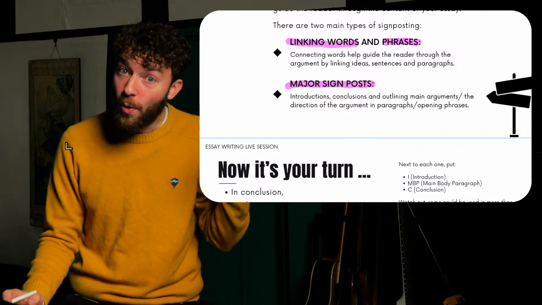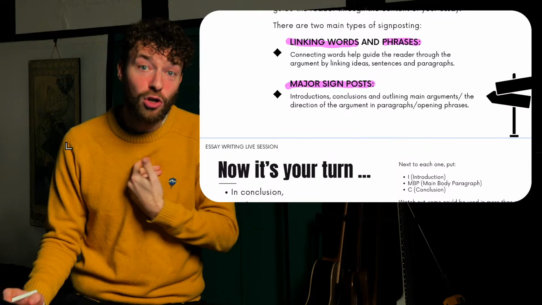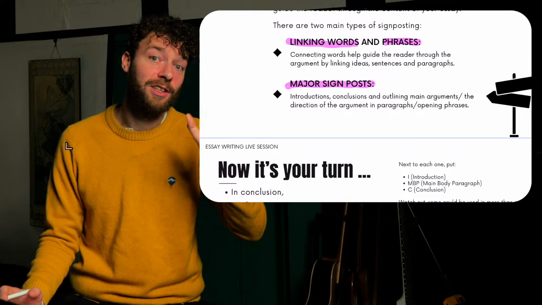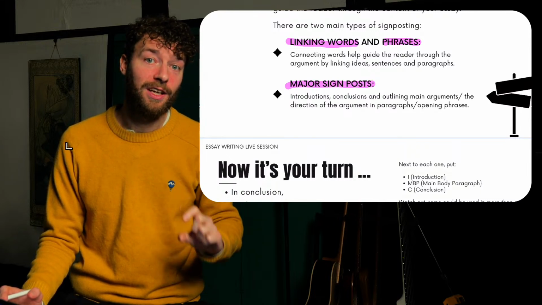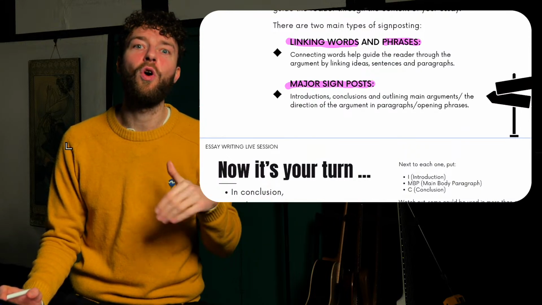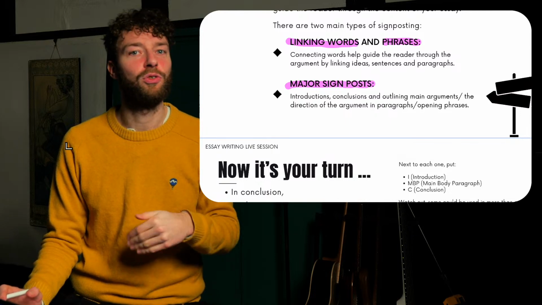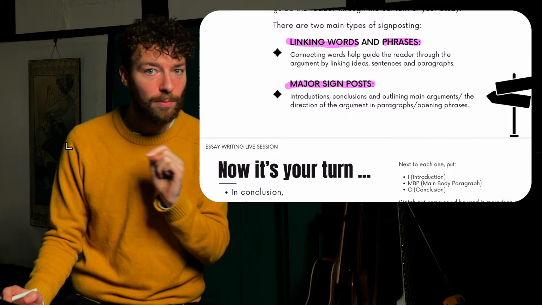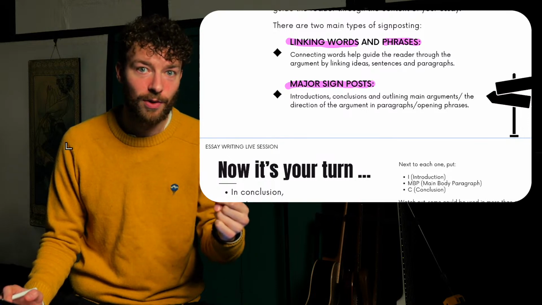Remember that the point of an essay is to say what you think about something. And at the beginning of introduction, main body paragraphs, and conclusions is your opportunity to make that clear to the reader. So these signposts are all about making things clear to the reader.